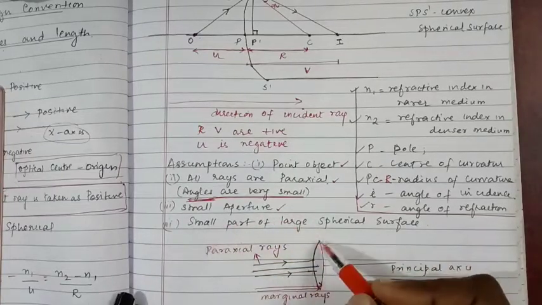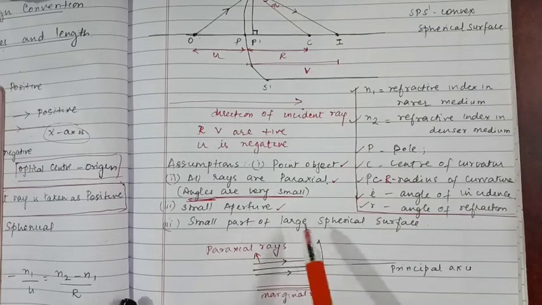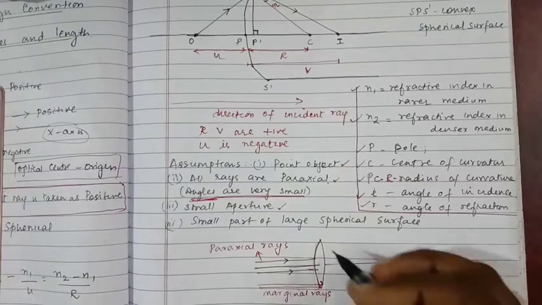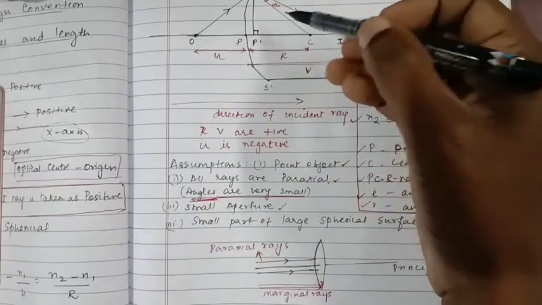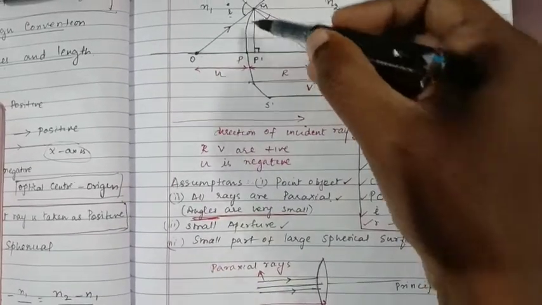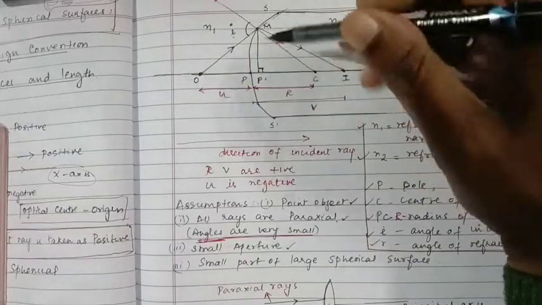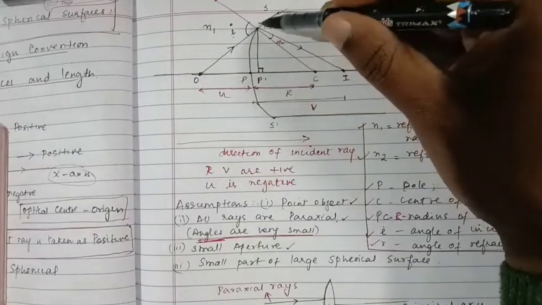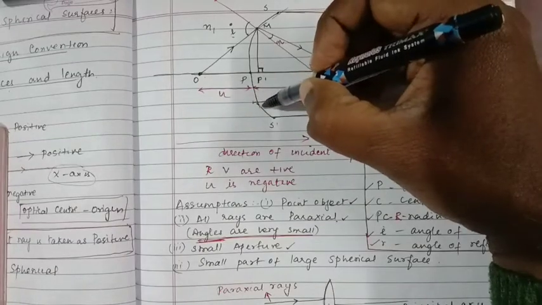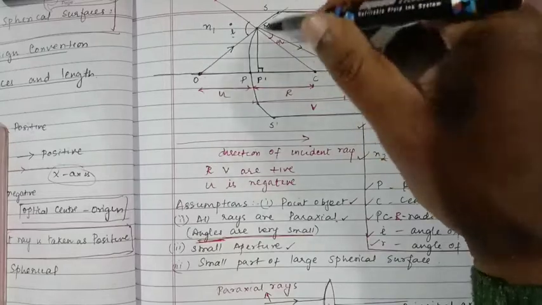A very small aperture is taken. In this diagram, a small part of a large spherical surface is taken. So if this is a very large spherical surface, a small part is taken, and it will not be very much spherical.